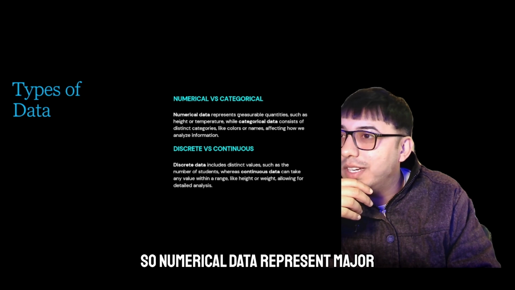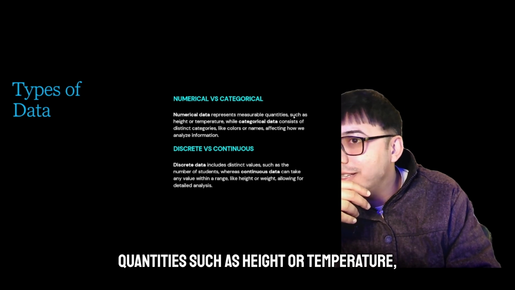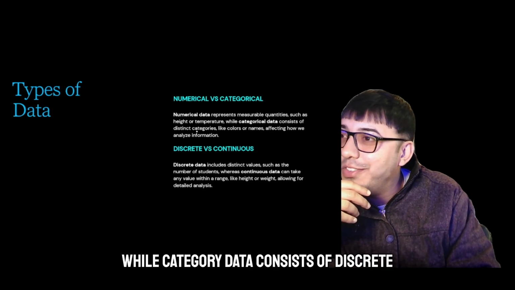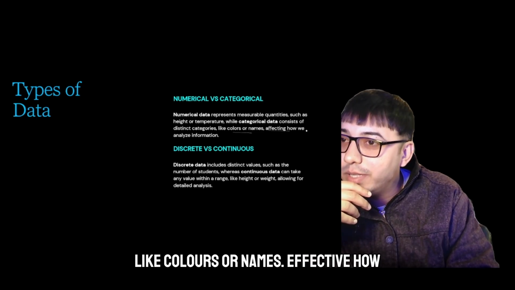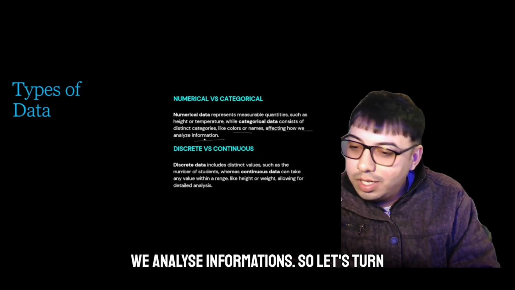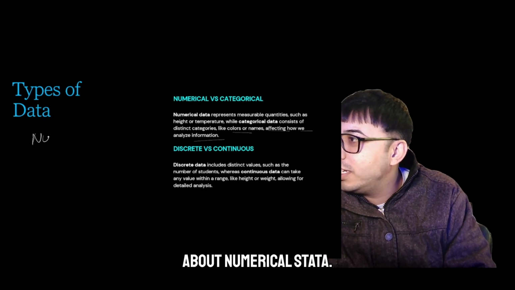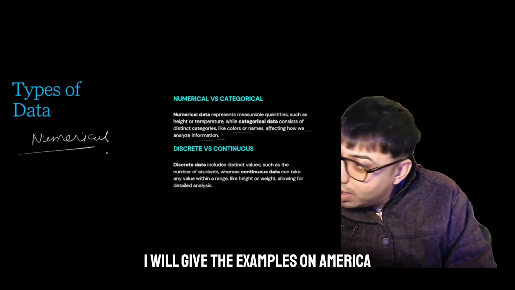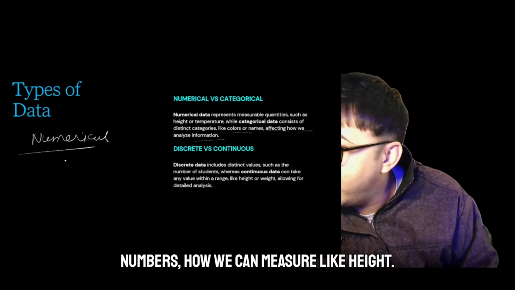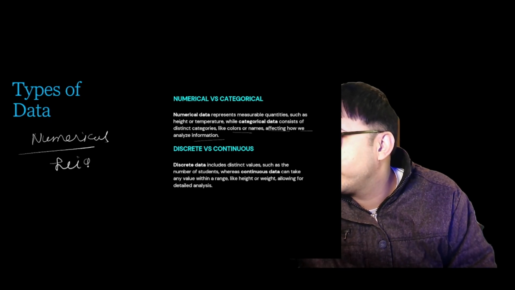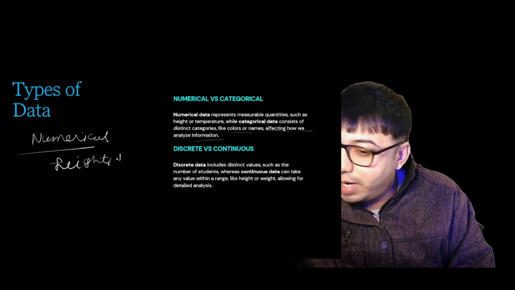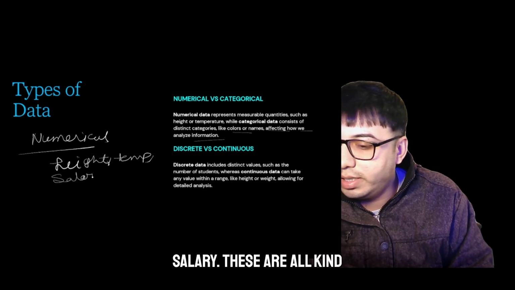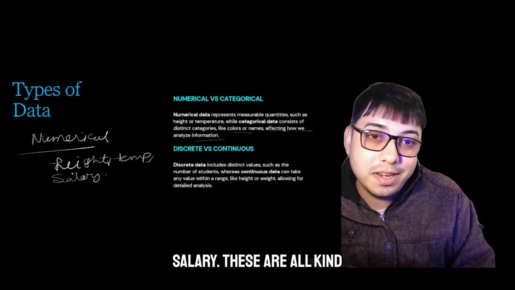Numerical data represents measured quantities such as height or temperature, while categorical data consists of discrete items like colors or names, which affects how we analyze information. So let's learn about numerical data. I will give examples. Numerical data are numbers we can measure, like height, temperature, salary. These are all kinds of numerical data.